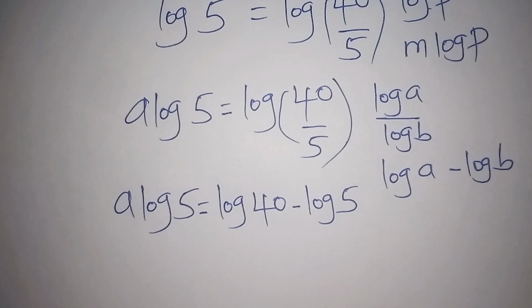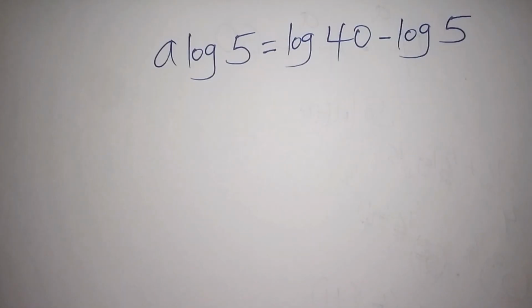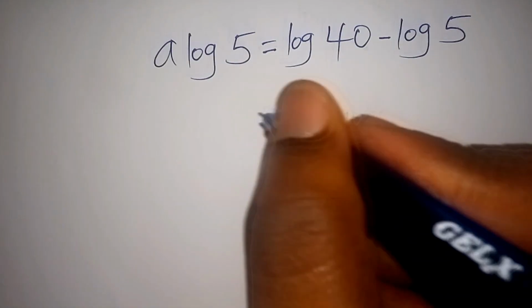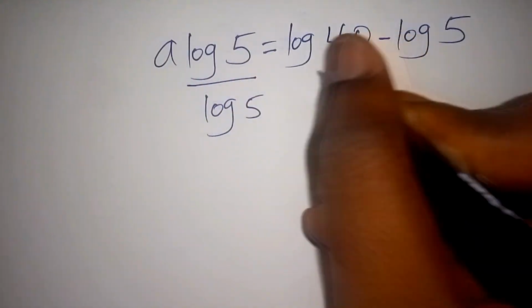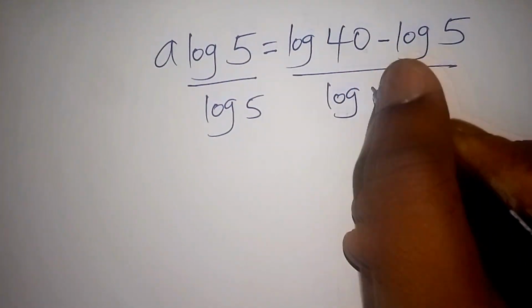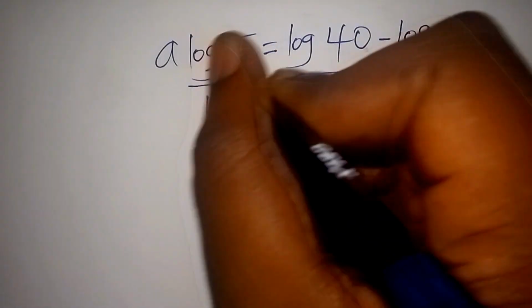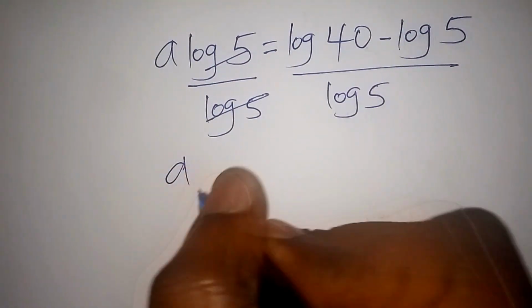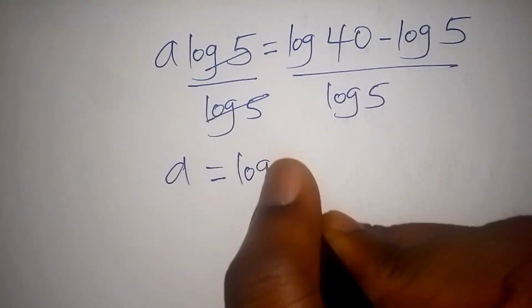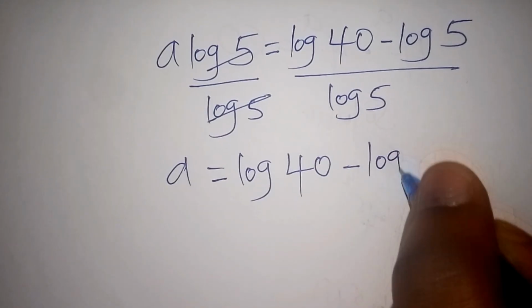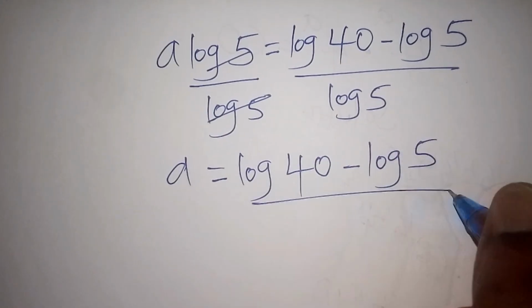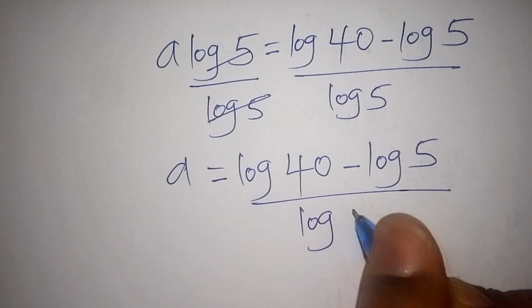Next we shall divide both sides by the log of 5, so log 5 and log 5 shall cancel. Our value for a is equal to the log of 40 minus the log of 5, all over the log of 5.